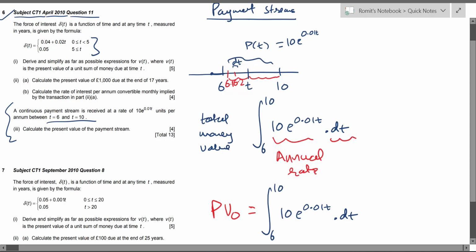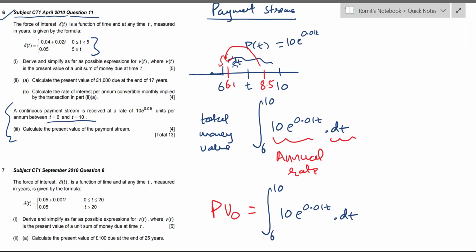Let's say I first want to discount all of these payments to time 6, and then take them to time 0. If I discount a payment from time 6.1 to 6, the discount factor will be different than if I discount it from time 8.5 to 6. So the discount factor will change with the value of t, which is varying from 6 to 10.